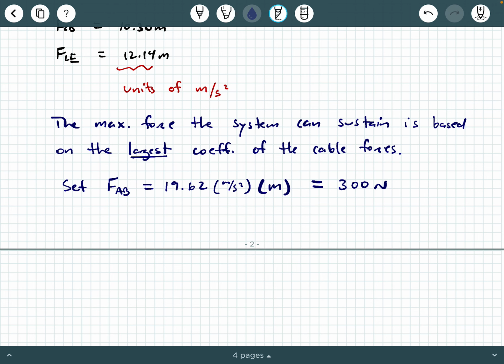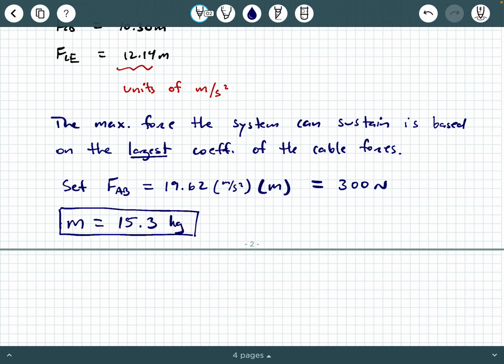And we want to solve for the mass that will prevent any force developing in the cables larger than 300 newtons. So we use FAB because that's the largest cable force that will develop, and we set that equal to 300 newtons, okay? And what we can do is we can say M equals 15.3 kilograms. And that is our answer.